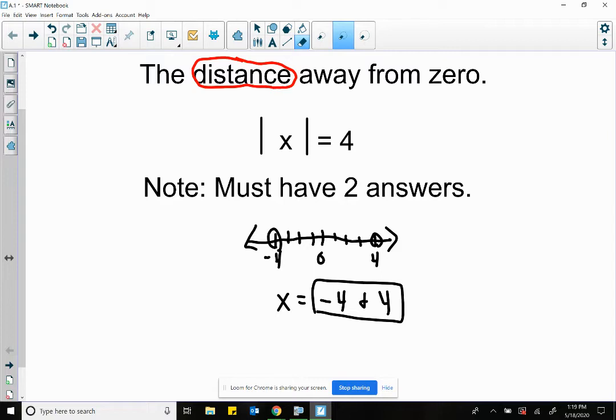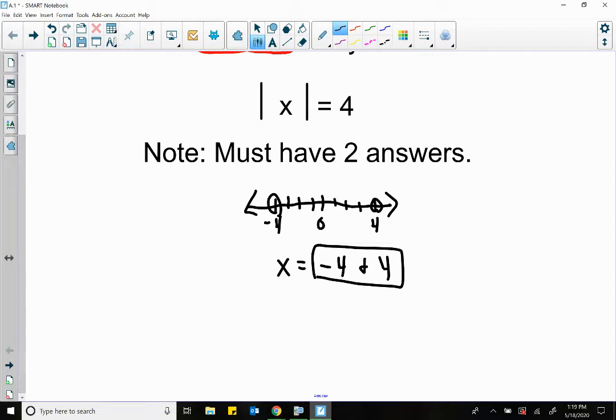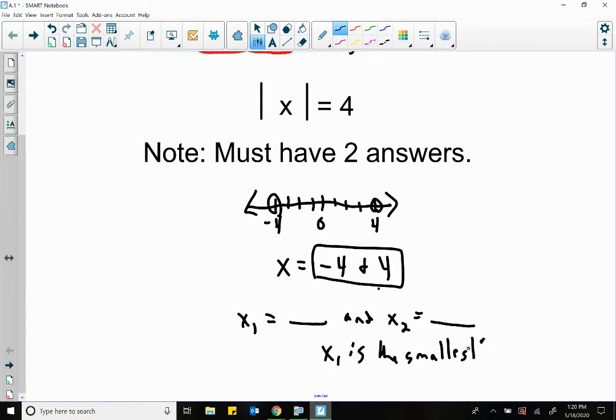All right. Now, other things in your assignment. There's going to be two blanks, and it's going to say x1 equals blank and x2 equals blank. If you read the fine print below it, it usually says x1 is the smallest number.